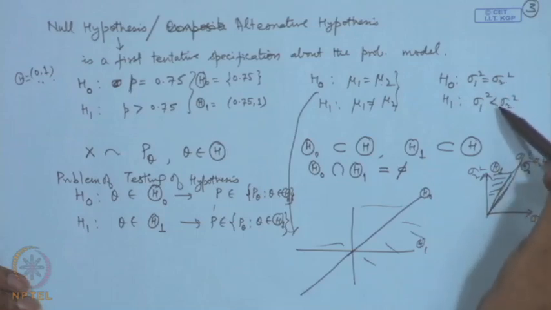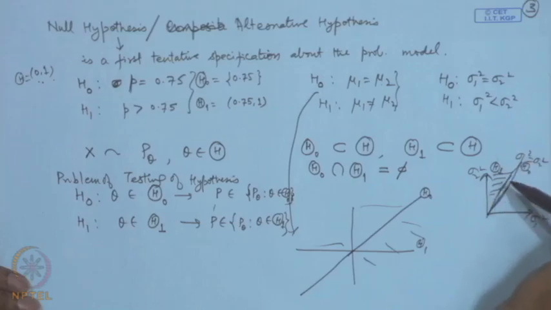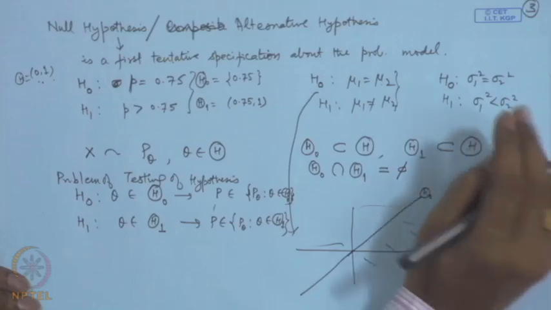Once again, in the third problem, the union of these two is only a half plane, half of the first quadrant. So, we may take the null and alternative hypotheses as completely complementary regions, or sometimes they will be only disjoint, but need not be completely complementary. That means they may not exhaust the full space. Then what is the test of a statistical hypothesis?